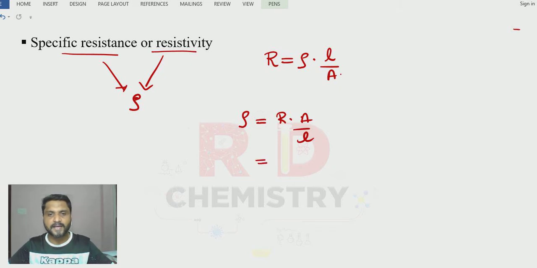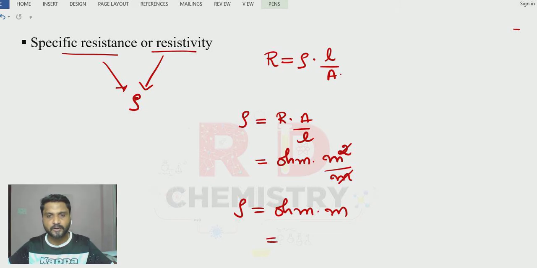Now you know that R is in terms of ohm, area in terms of meter square, let me go for SI unit, divided by length of the material in meter. So meter and meter get cancelled, therefore rho is in terms of ohm meter, correct? So this is the unit here.